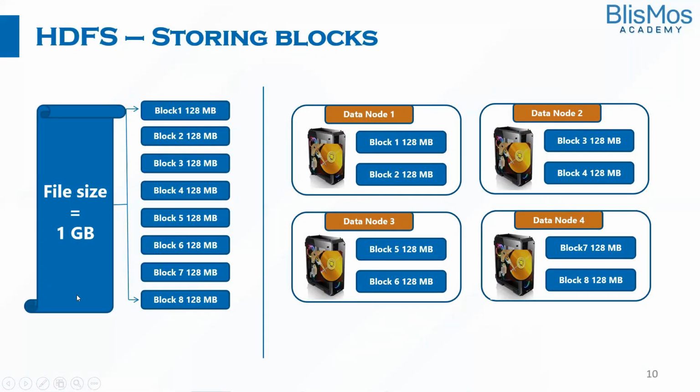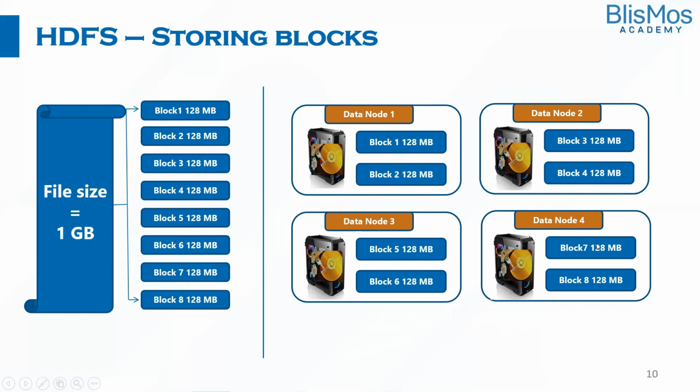If we have 4 data nodes, which are nothing but systems, and a 1 GB file which is split into 8 blocks, how exactly will the data be stored? The first 2 blocks would go and sit in data node 1. When I say data node 1, we are talking about system 1. The third and fourth blocks would sit in data node 2. The fifth and sixth blocks would be distributed to data node 3.